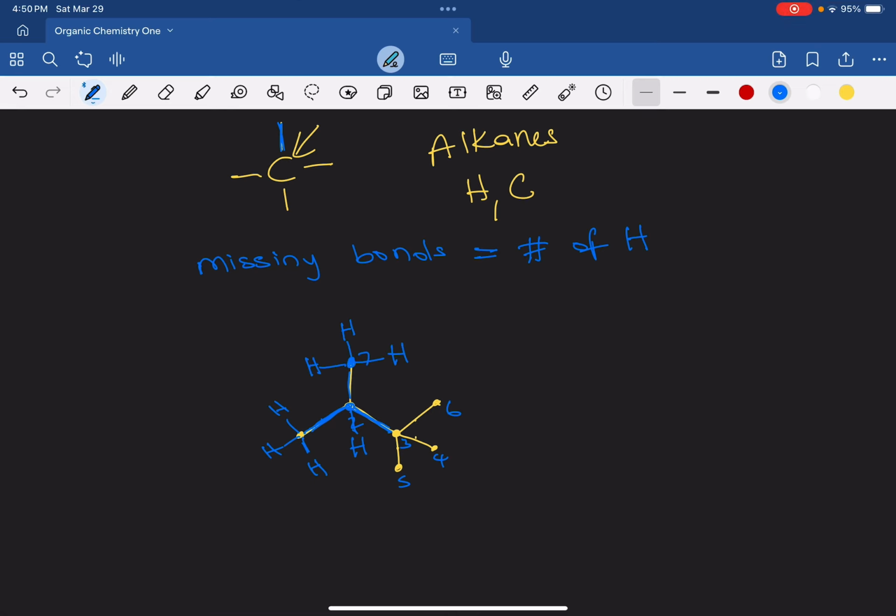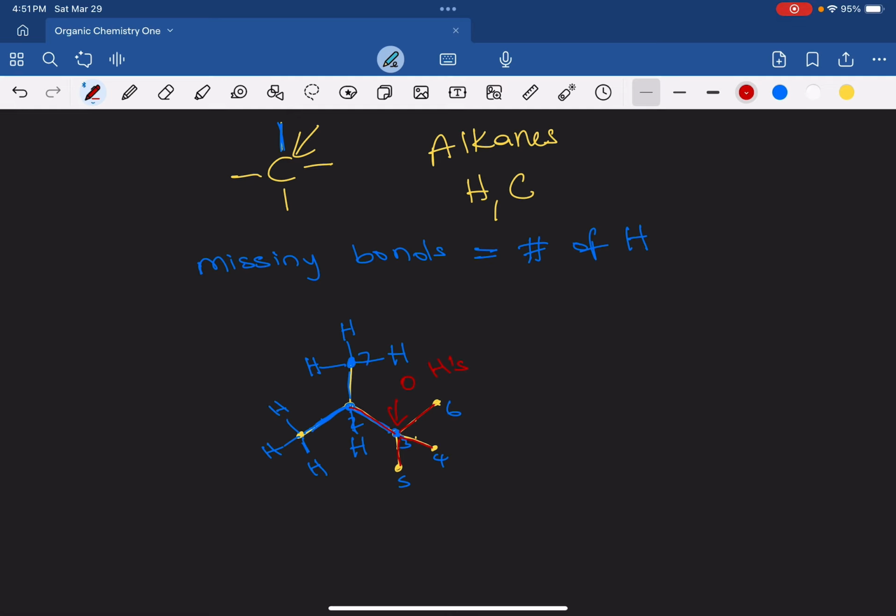It's important that you're able to see these hydrogens, especially when you start writing reactions and you need to know where to add what. Let's go to carbon number 3. Carbon 3 is here. I see one, two, three, four bonds. There are zero hydrogens on carbon number 3 because it has four bonds.